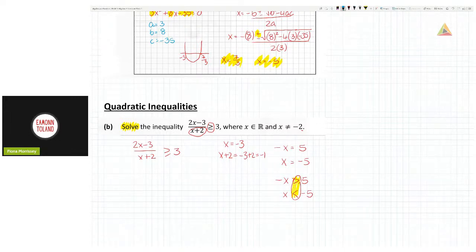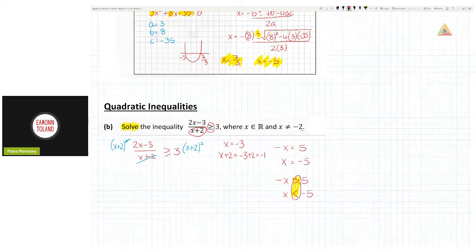So what we do is we multiply the left-hand side by the denominator, but squared, because we know that's definitely positive. Whatever you do to the left, you must do to the right. So we also multiply the right-hand side by x plus 2 all squared. And look what happens when we do that. This x plus 2 on the bottom is going to cancel with one of those x plus 2's on the top. Because remember, x plus 2 squared is just x plus 2 by itself. So the x plus 2 on the bottom cancels with one of them on the top.